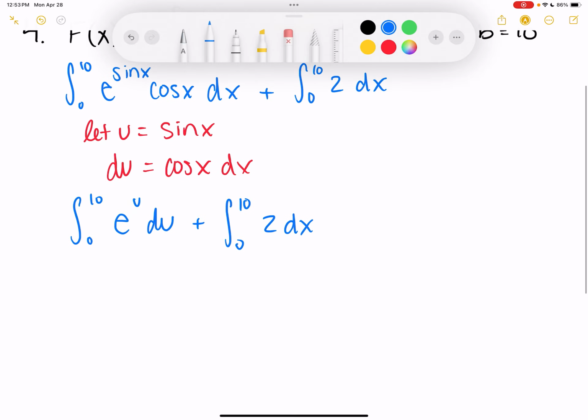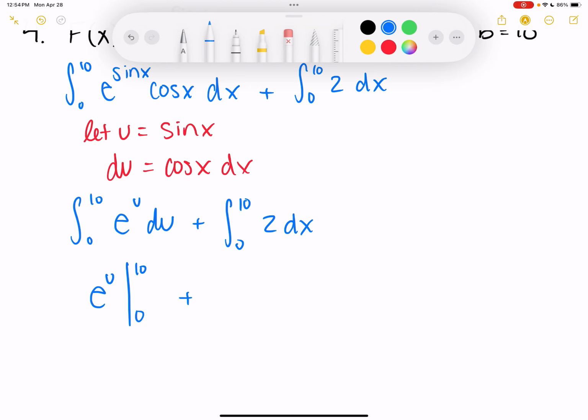So now what's the antiderivative of e to the u? Yes! E to the u. Evaluated from 0 to 10. Obviously, I have to substitute back. So we could have just done it the way I was thinking, which was just e to the sine of x.